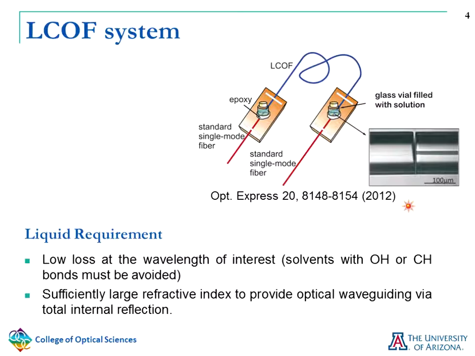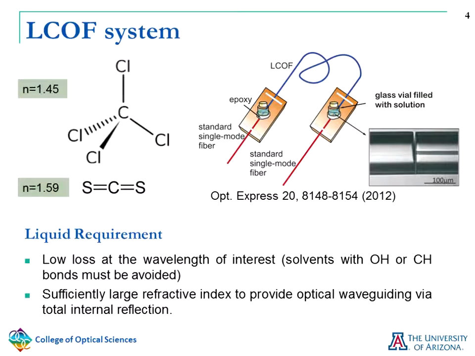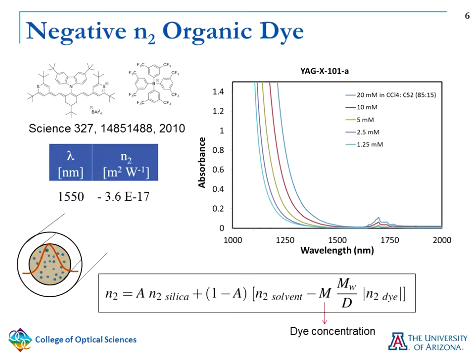Also, the liquid that we use has to have a large refractive index so that we can have optical waveguiding via total internal reflection. So the liquid that I chose for this work is carbon tetrachloride. However, we have to mix it with some percentage of carbon disulfide to get the right refractive index.